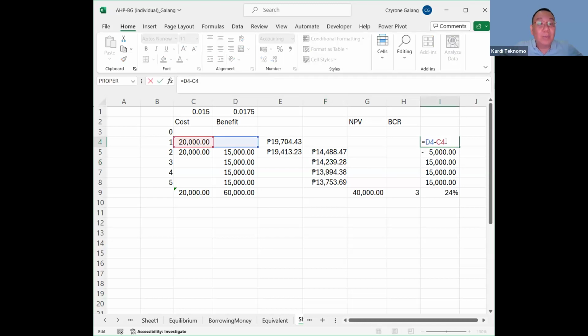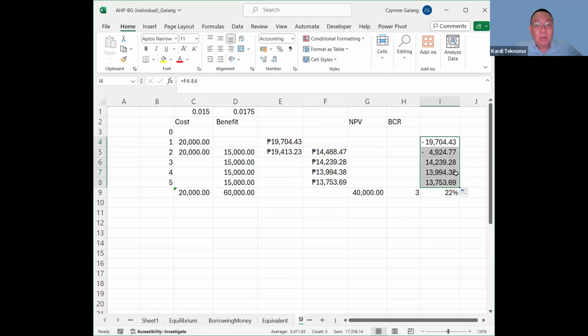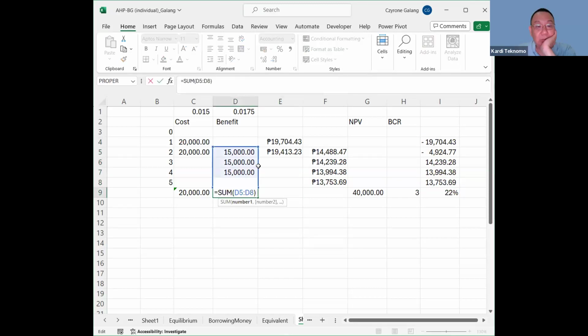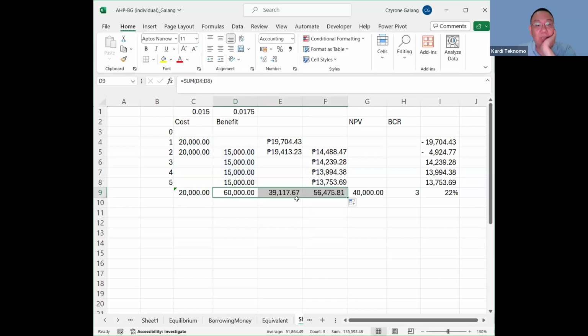Sorry, a while ago, apparently your sum is already correct because you are already okay. So you can get the sum at the bottom of E and F. Column E and column F, you can.